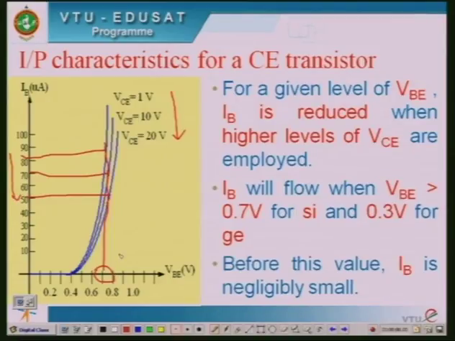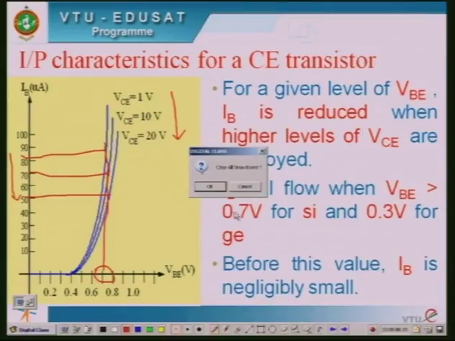So, I repeat. For a given value of VBE, that is a constant fixed value of VBE, whenever the VCE increases from 1 volt to 20 volts, correspondingly the base current decreases. That you can see from this particular slide here.